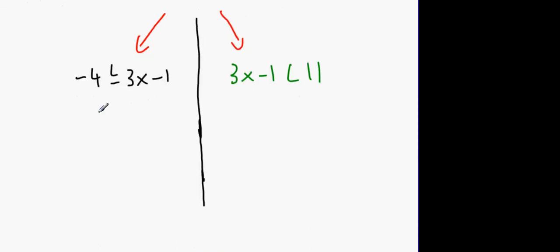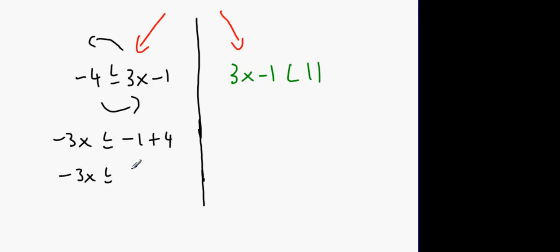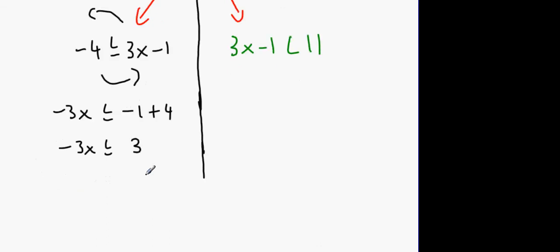The first way of doing this is to transfer the x to the left and the 4 to the right. If you do this, you're going to get minus 3x less than or equal to minus 1 plus 4. Minus 3x is less than or equal to plus 3. Now, since we have to get rid of the minus 3, we're multiplying by minus 3, which means over the other side we're going to be dividing by minus 3.